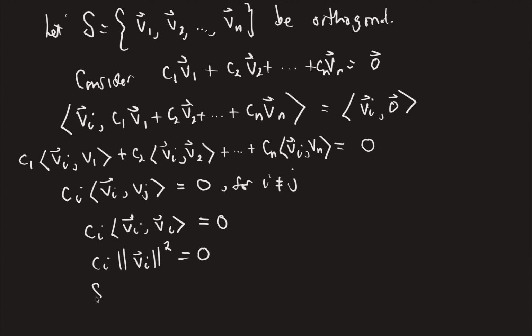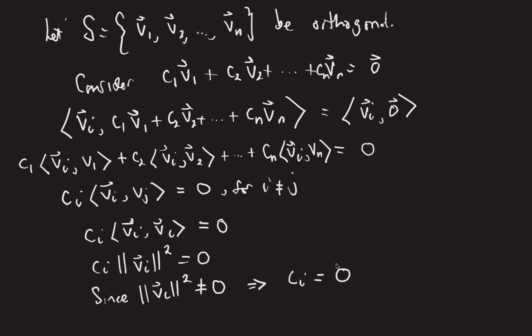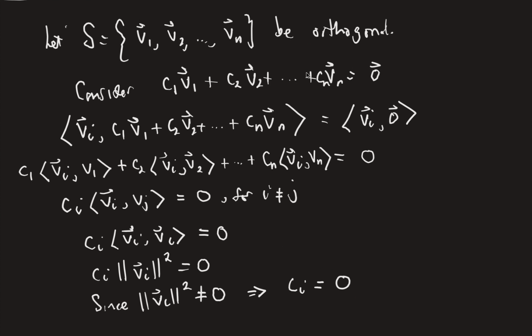And since we have non-zero vectors in our orthogonal set, the norm of vi squared can't be 0. So divide both sides by this non-zero quantity. So this implies that ci has to be equal to 0. All right, so look at the implication.